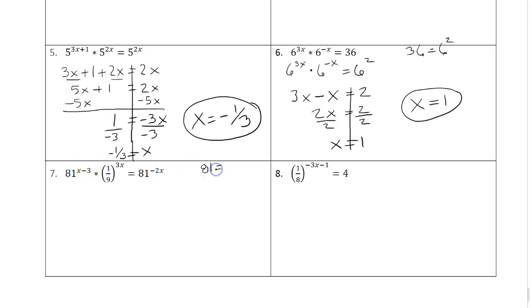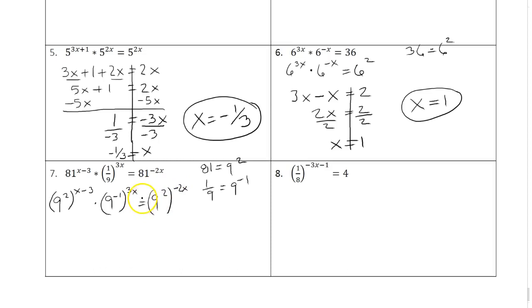81 equals 9 squared. 1/9 equals 9 to the negative 1 power. Write 9 squared to the power of x minus 3 times 9 to the negative 1 to the power of 3x equals 9 squared to the power of negative 2x.